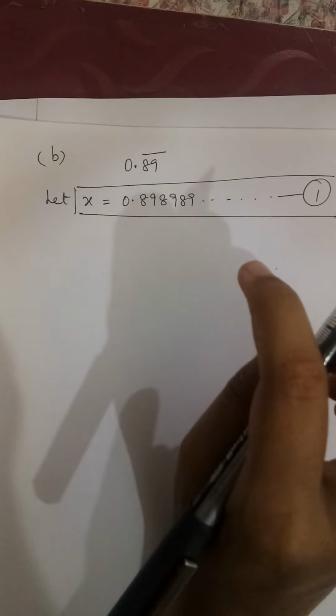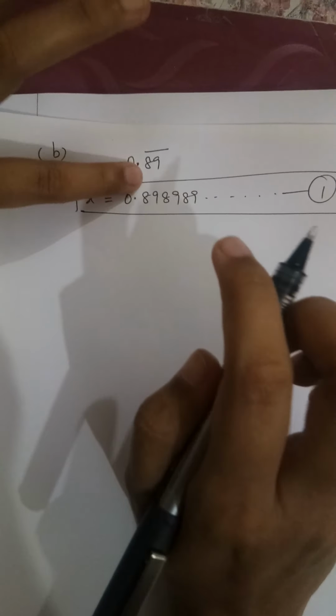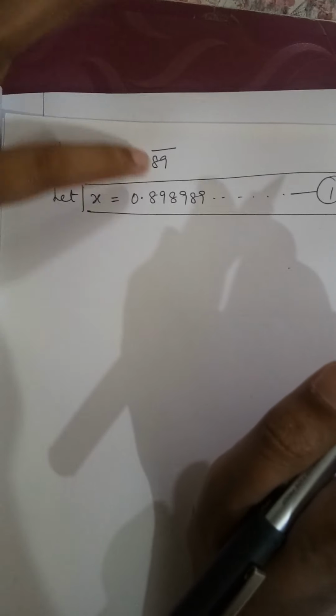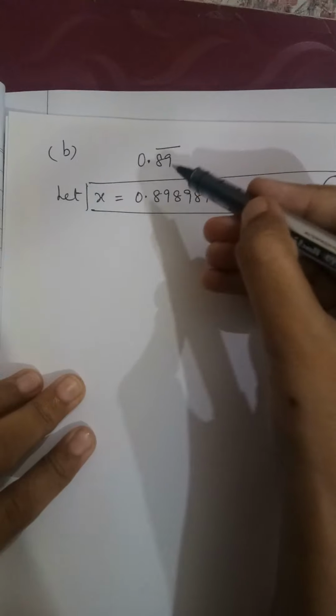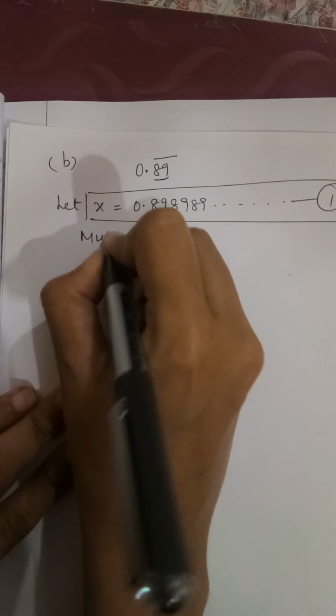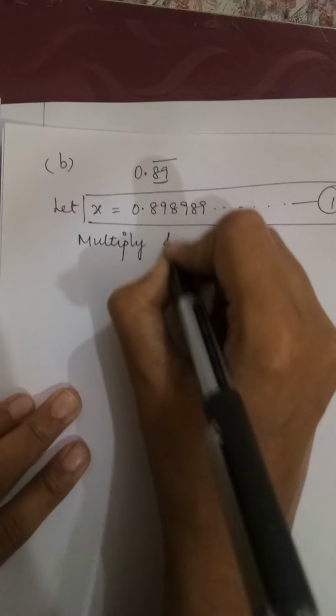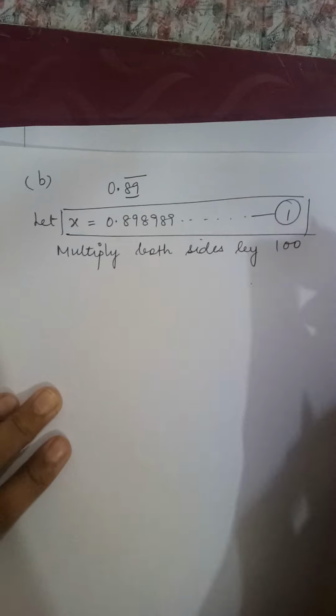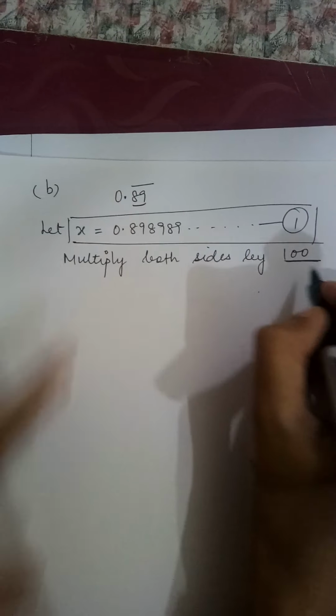Next step is, I have to see how many digits the bar is above. The bar is above 2 digits, or there are 2 digits below the bar. So I am going to multiply both sides by 100. Why 100? 2 digits means 2 zeros.